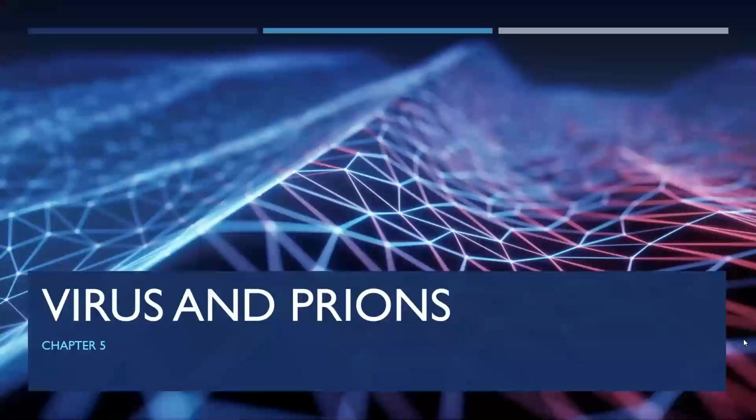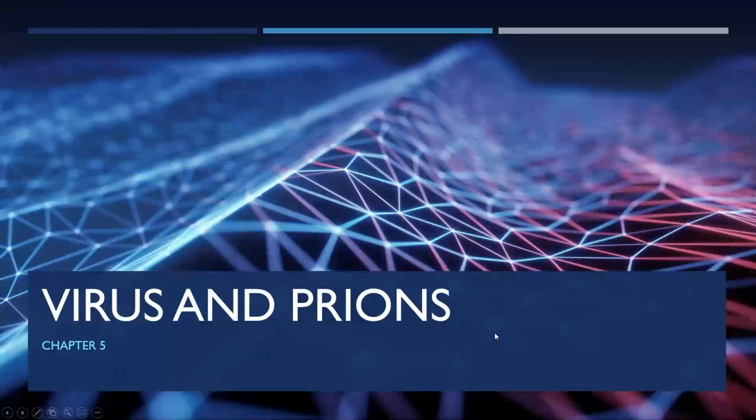Welcome back. Today we're going to be discussing chapter 5 from microbiology on viruses and prions, or basically infectious agents smaller than bacteria, archaea, eukaryotes.